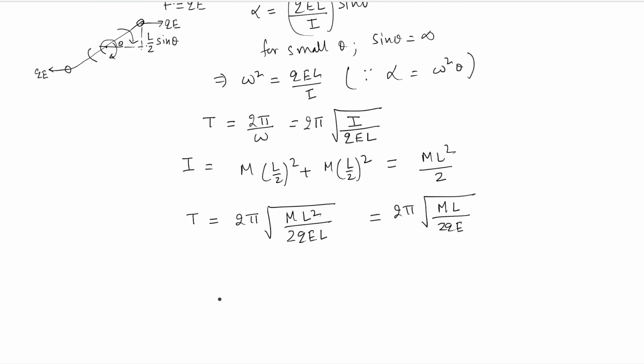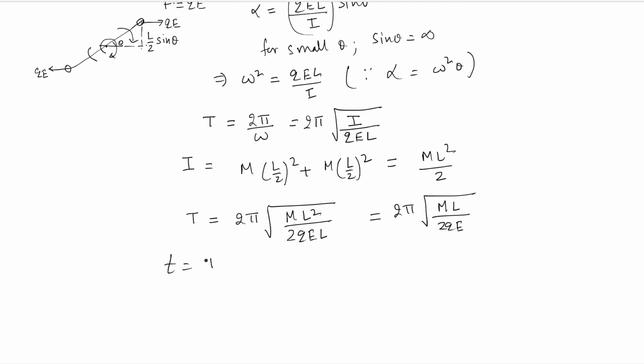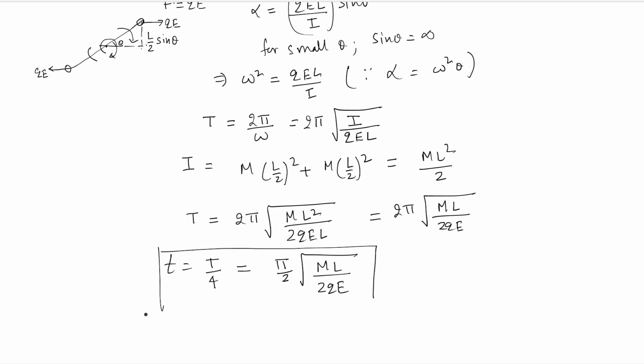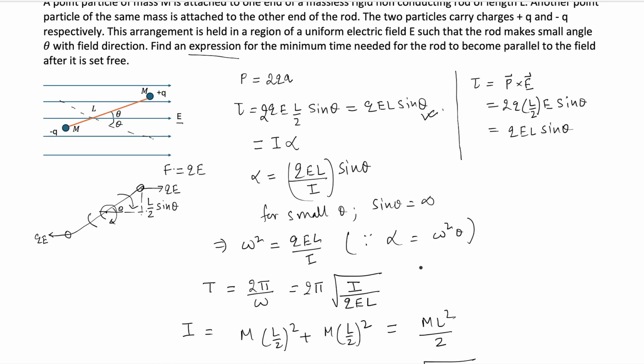So we just need to know how much time it will take to turn through the first quarter angle theta. So this is T by 4. Therefore, this is pi by 2 root under mL by 2qE. That's the answer.